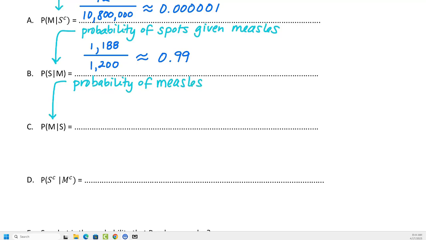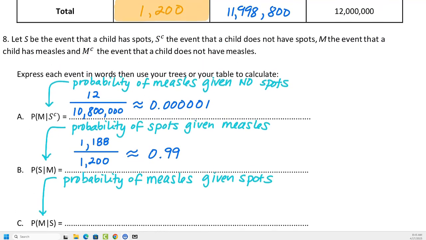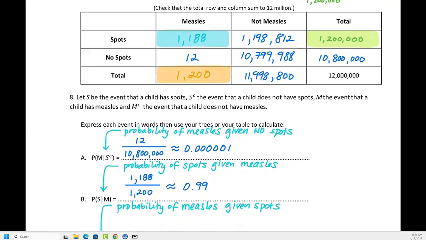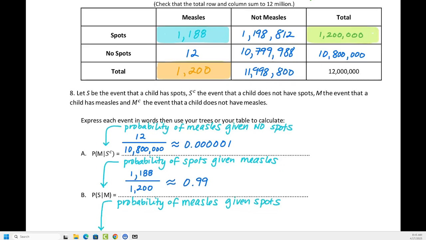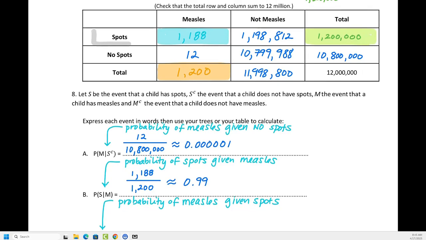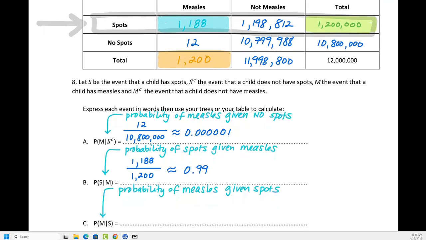Measles, given they have spots. So the given is spots. So I'm going to look in my chart here. Spots is this row right here that I'm highlighting. And so we are looking for what is the probability that they have measles.